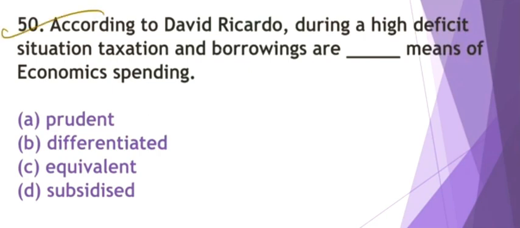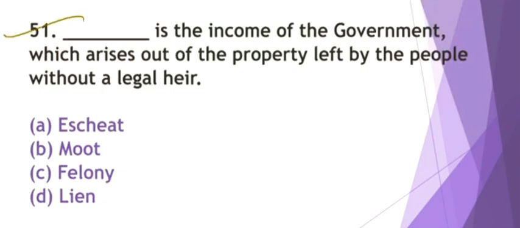50. According to David Ricardo, during a high deficit situation, taxation and borrowings are dash means of economic spendings. Option number C, equivalent. 51. Dash is the income of the government which arises out of the property left by the people without a legal heir.